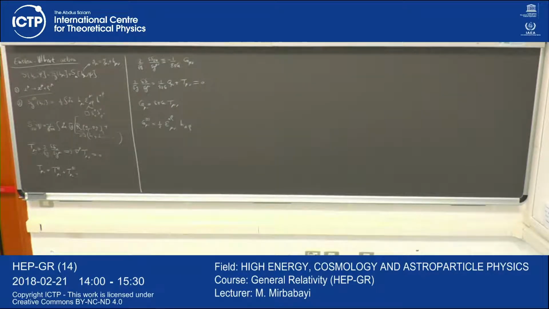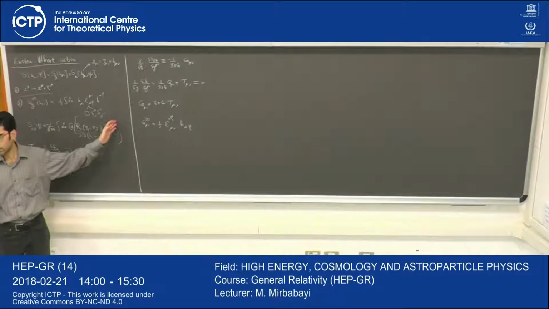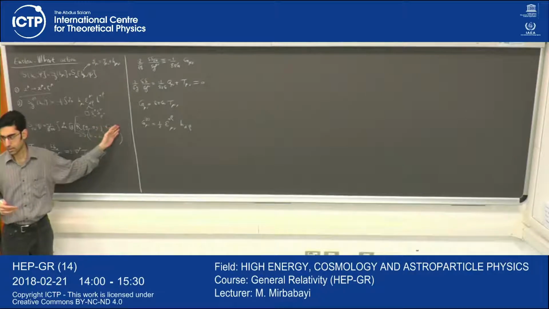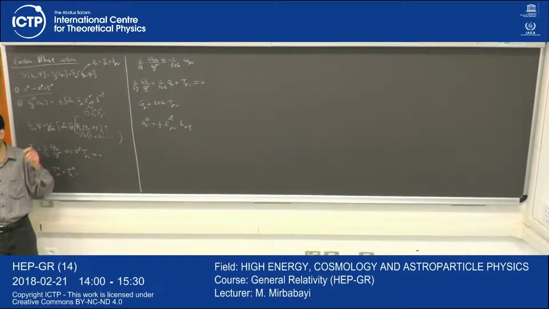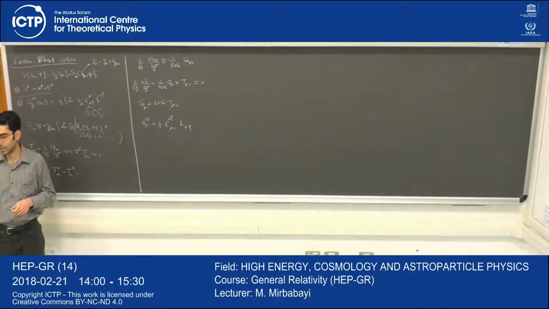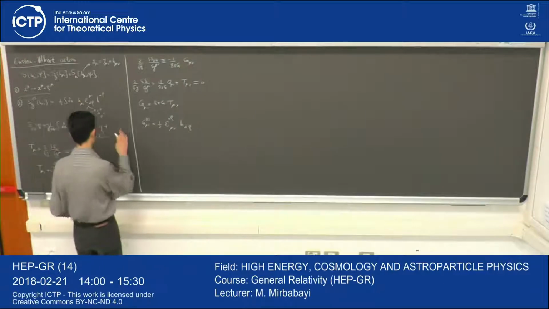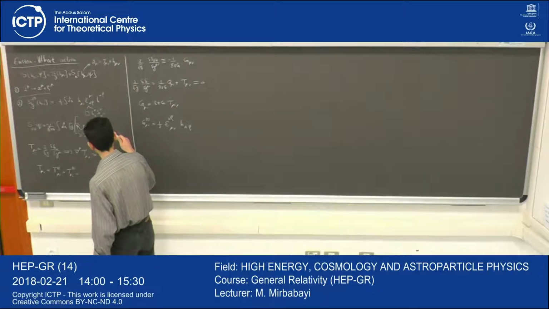As long as you are talking about large distance observables, those higher derivative terms are very negligible, or very small. Of course, they come with some scale, so when they become important depends on the scale by which they appear. So for instance, let me just give you a concrete example. I can put something like R squared here.